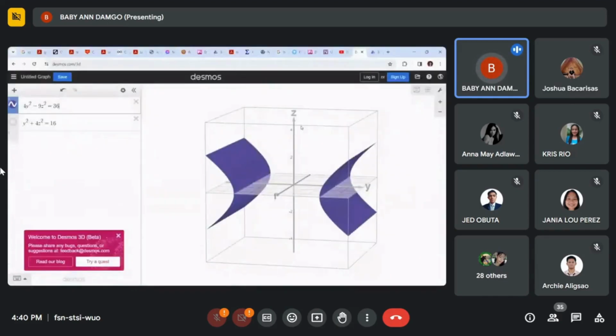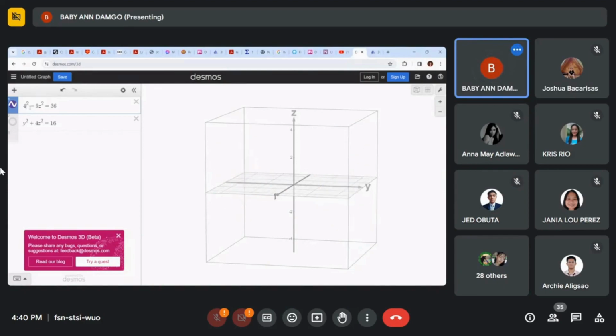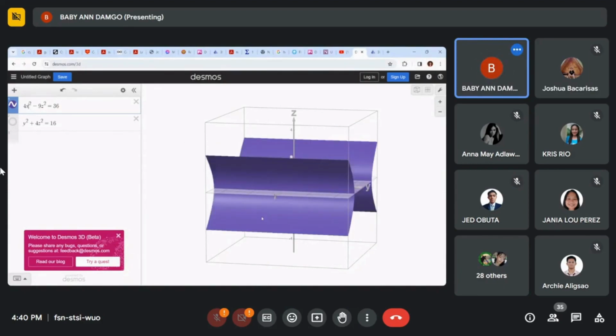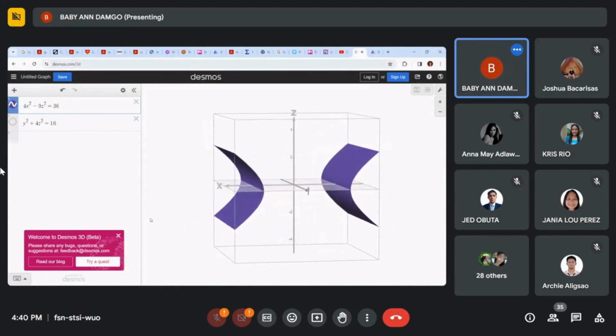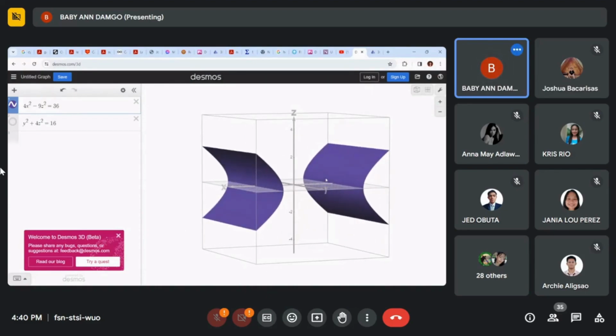So depende na siya sa given. Sige, ato ni siyang sampulan. What if this is x? Okay. So here. So if we will create parallel lines here, so this is parallel to y. Kung unsa ang wala nga variable, anha mo parallel ang graph. Okay? So, another form diani is trace. No?